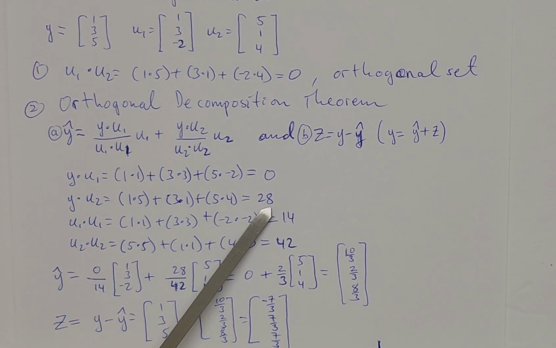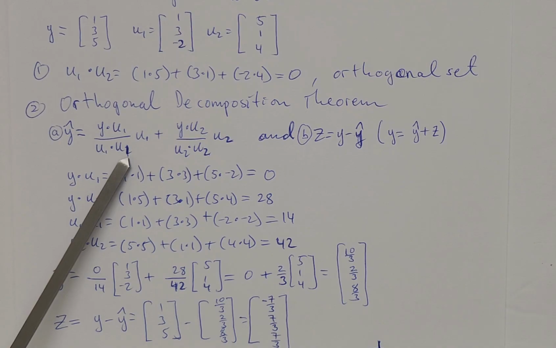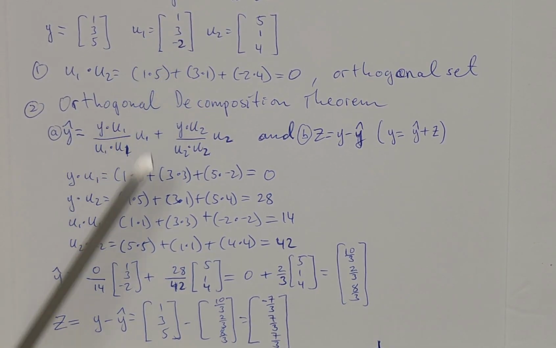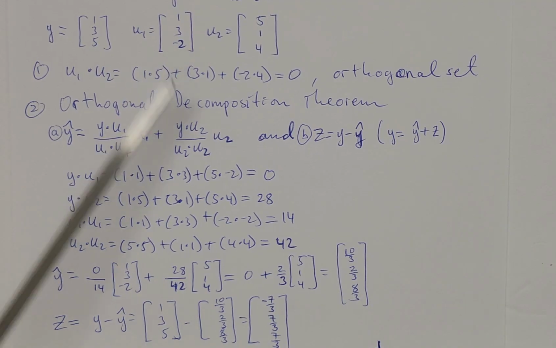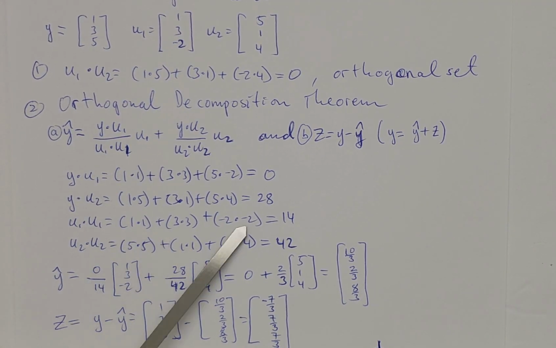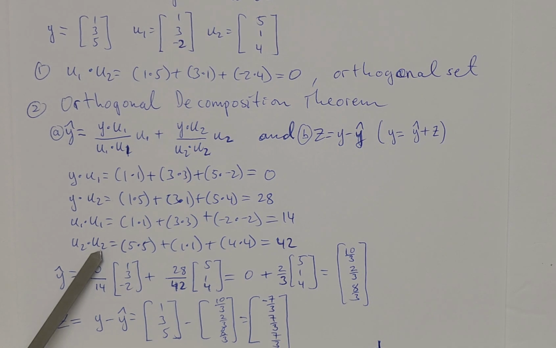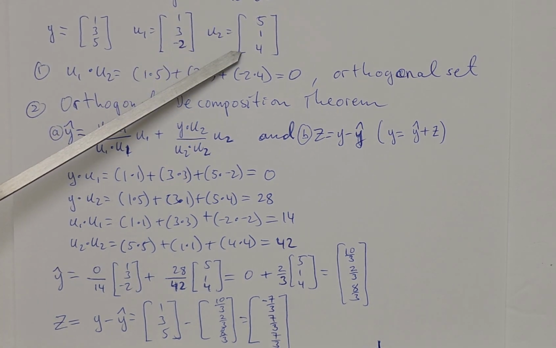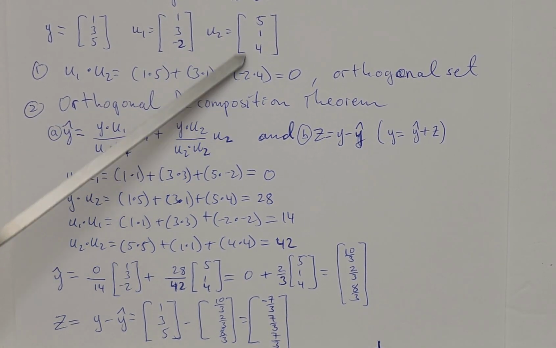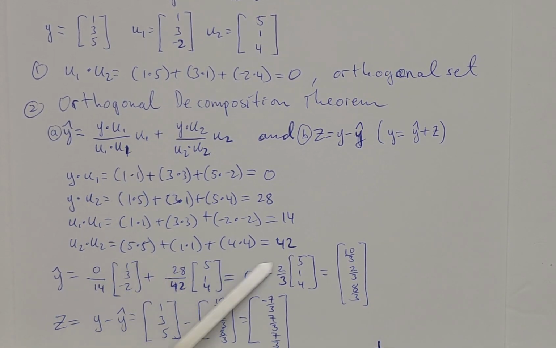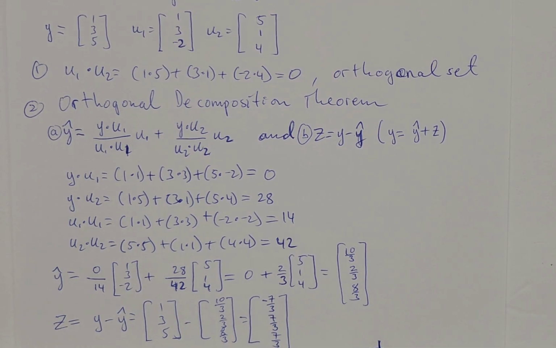Simplify gives me 28. Now U1·U1, so do this twice: 1 times 1, 3 times 3, negative 2 times negative 2. Simplify gives me 14. And finally, U2·U2: 5 times 5, 1 times 1, 4 times 4. Simplify gives me 42. Now we have the number for each variable, so we just plug them in.